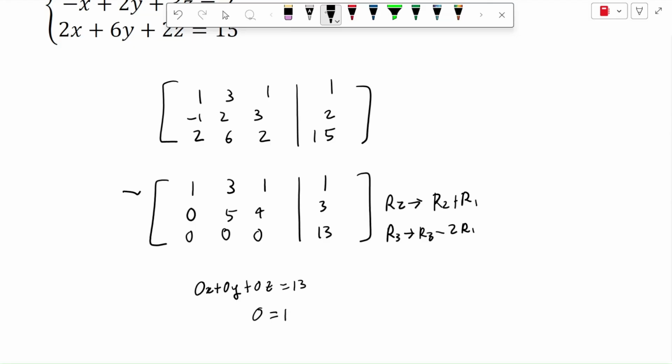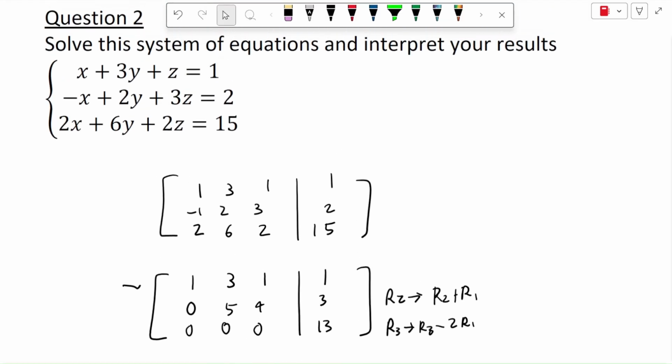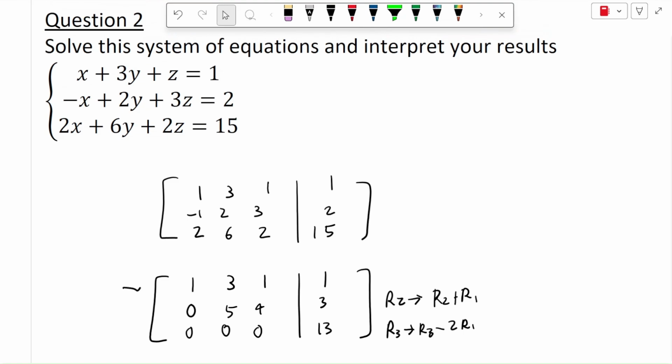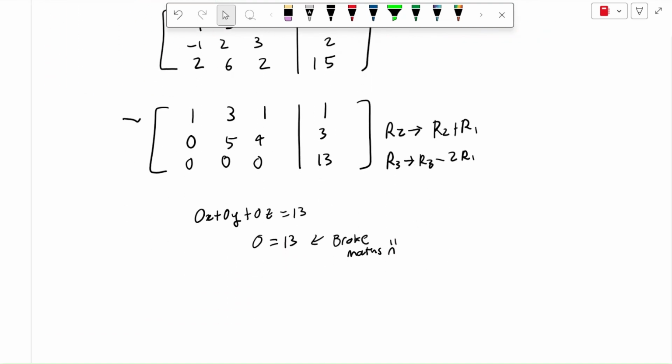So 0 equals 13, and we broke maths. All right, whenever you break maths, it means that you've made an assumption somewhere earlier which was wrong. The assumption that we've made was that these did intersect. If you try and make them intersect, you get 0 equals 13, which is silly. So therefore, no common intersection point.